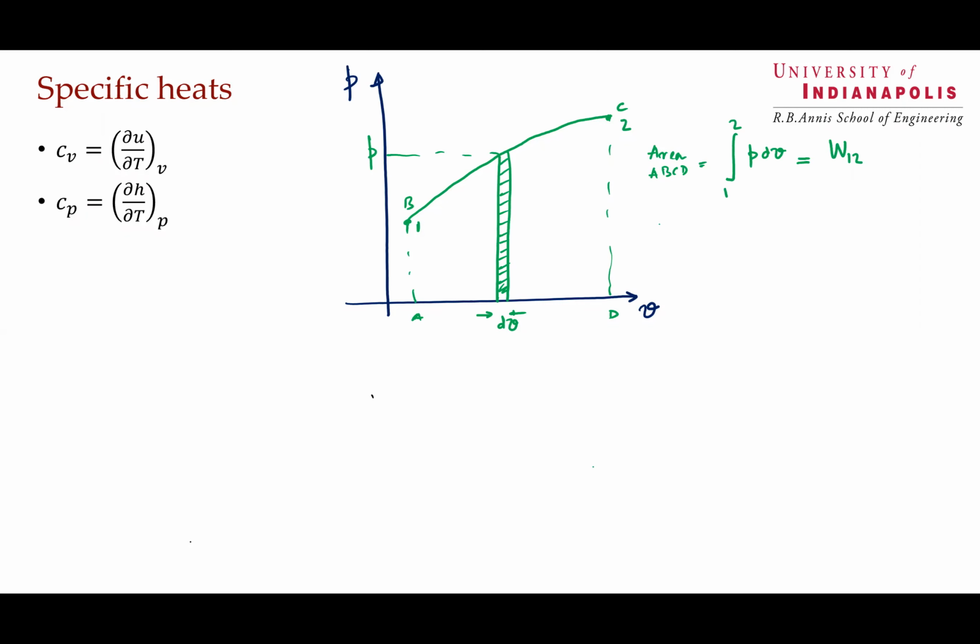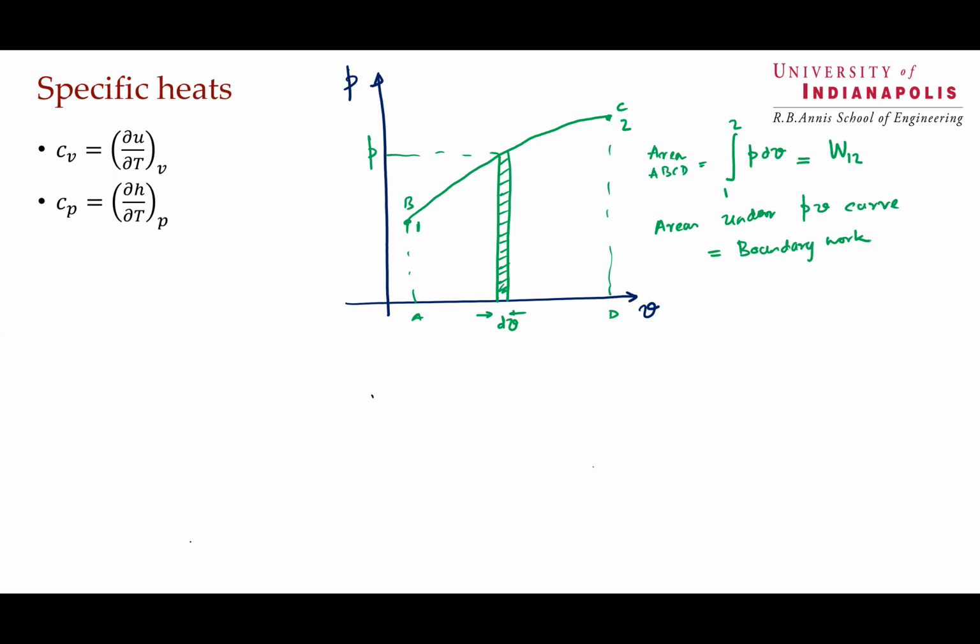So the area enclosed or area under the PV curve is equal to the boundary work. Okay.